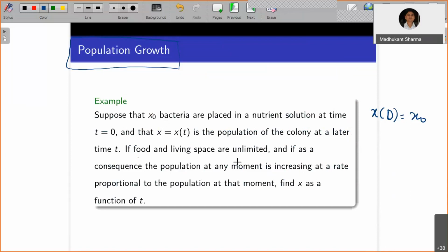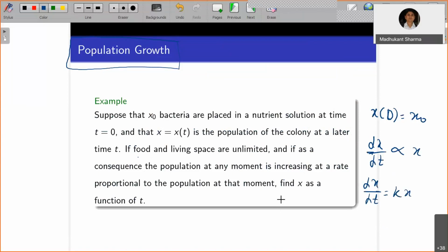As a consequence, the population at any moment is increasing at a rate, the rate of increase dx by dt, proportional to the population at that moment, that is x. So there is some constant k such that dx by dt is equal to k times x.